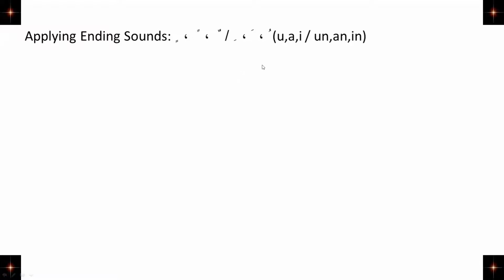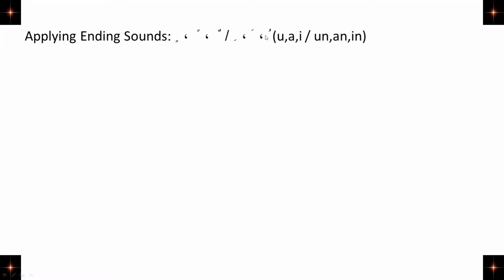The lips take the shape of the U sound here. So it does something like an upside down U. When you say U, you are doing that. When you say A, you are stretching your lips a little bit. But when you say I, you stretch it even more, more flat, right?